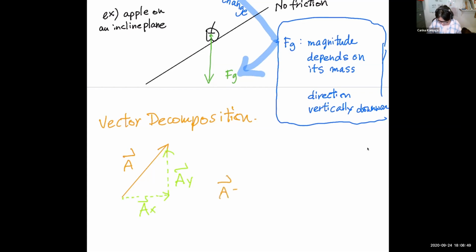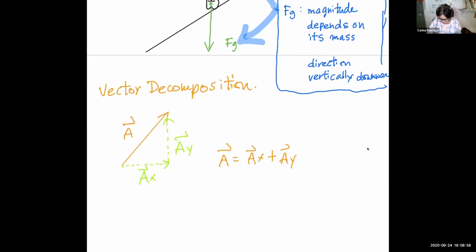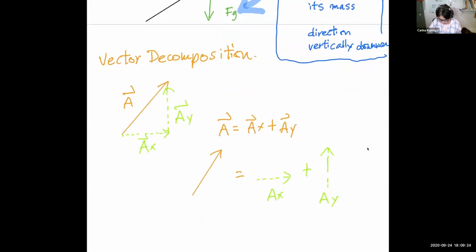So A equals AX plus AY. Instead of looking at this one vector A, we can see AX and AY.